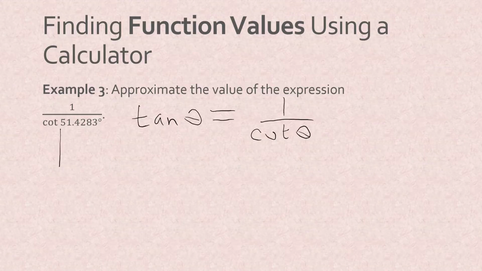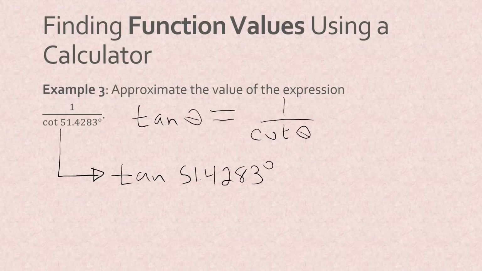Thus, 1 over cotangent of 51.4283 degrees is the same as tangent of 51.4283 degrees, and using your calculator, you should get that this is approximately 1.254.